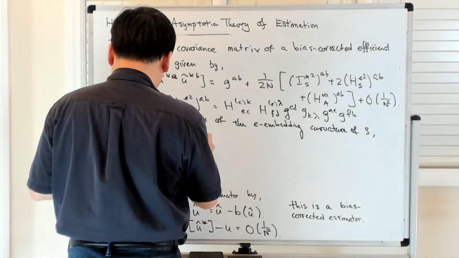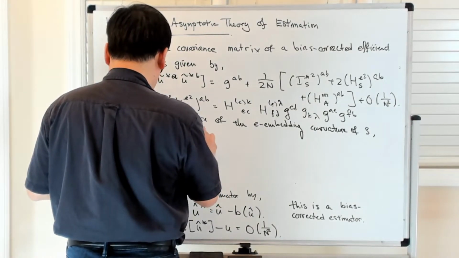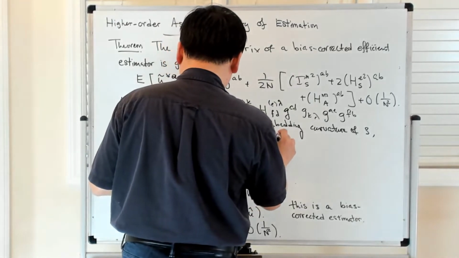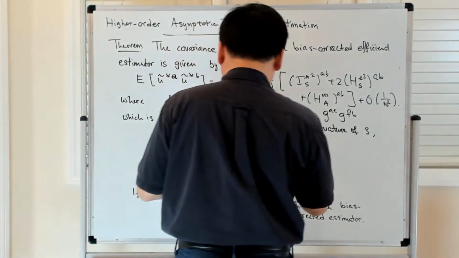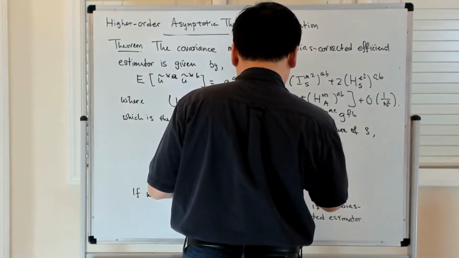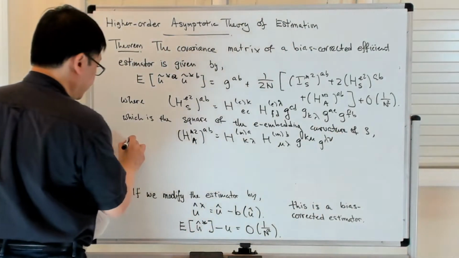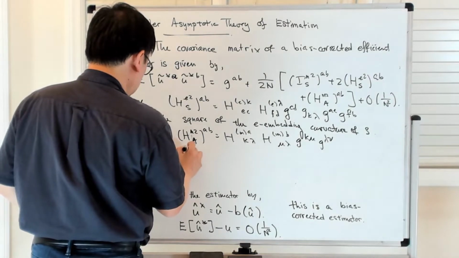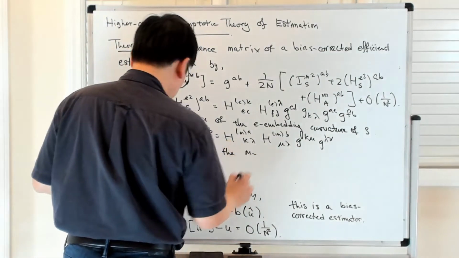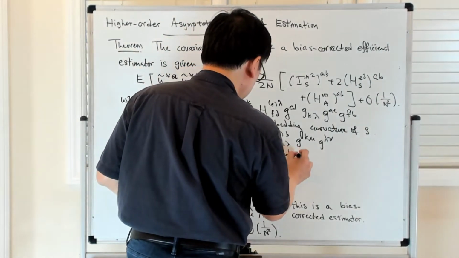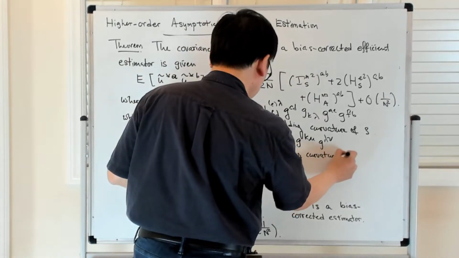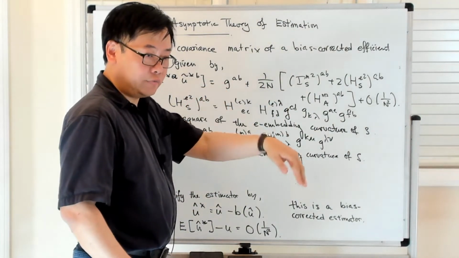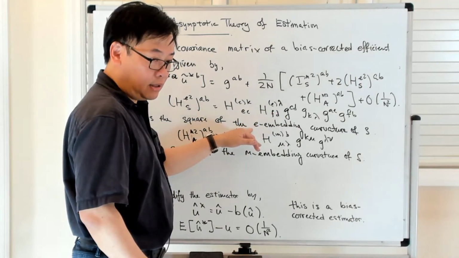And this (H^M)²_AB, which is given by this expression, is the square of the M embedding curvature of S. All right, so there's a curvature term which has to do with how S is embedded, and the curvature of that embedding is with respect to the E connection, right?